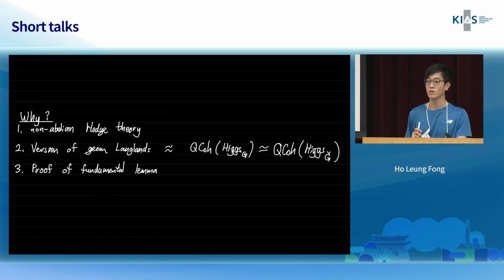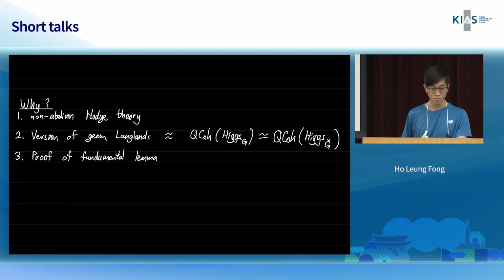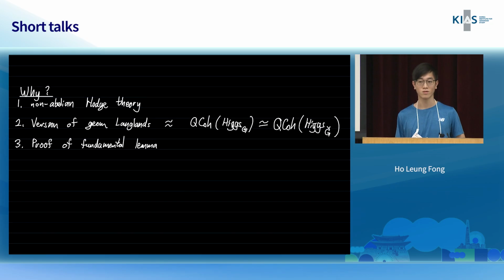I think people still don't know whether you should use quasi-coherent sheaves or maybe ind-coherent or some variants of those. And the third reason is that Higgs bundles are used in the proof of the fundamental lemma.